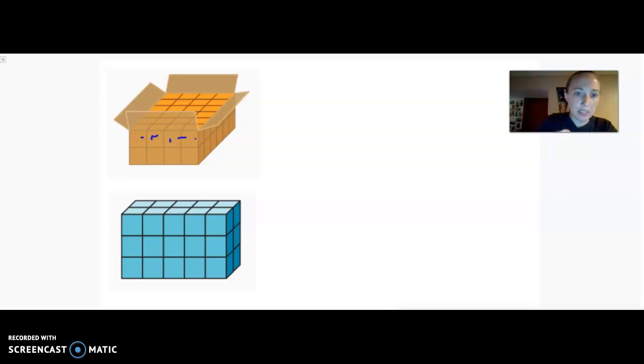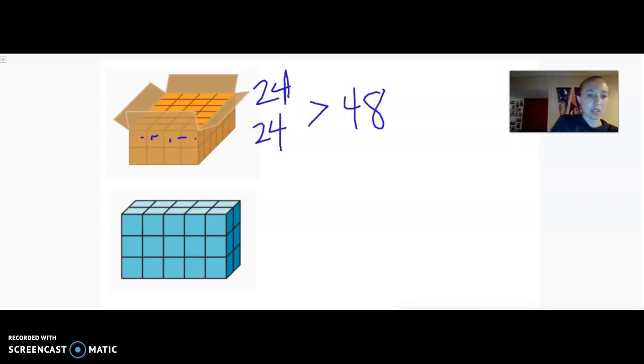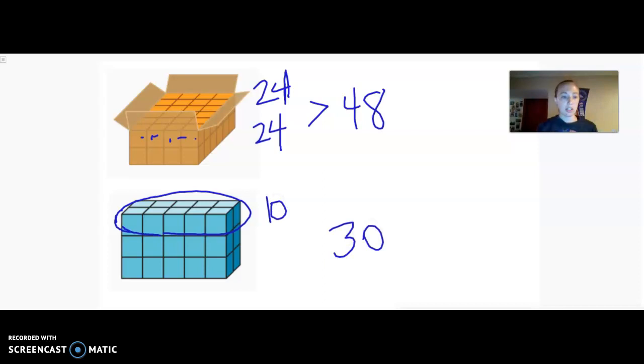So 4 by 6 is 24 in that top layer, which means there's 24 in the bottom layer. So 48 total. And then this one down here, I can see there's 10 in the top layer. 3 layers gives me 30. Again, if you're getting confused, that's okay. Ask somebody, then ask me if you still need help.